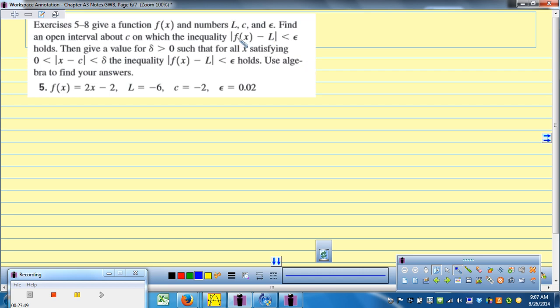So we start with this, and then we use our answer in that to find our delta. So we begin here, and then once we have an answer there, we move to this. Okay? So I always start by writing out that portion of the definition that we're going to be using.